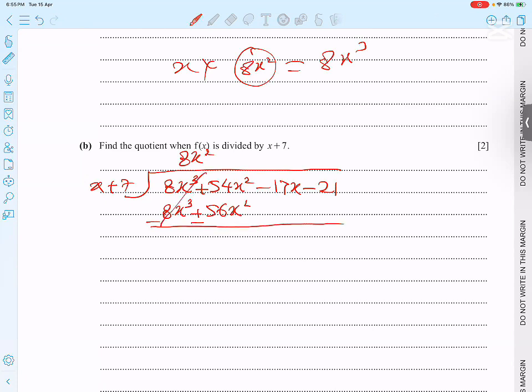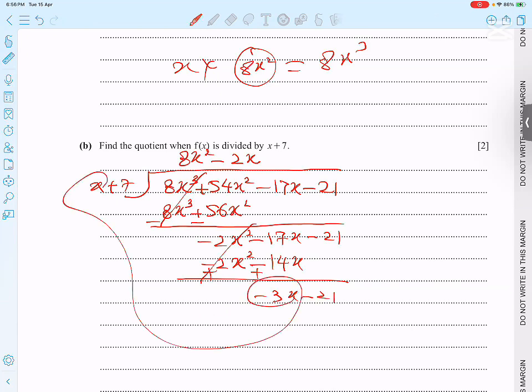Sign changes, this cancels, I get negative 2x square, negative 17x, negative 21. So this multiply what gives you this value? So negative 2x. So negative 2x multiply with both. Okay, sign change. I get negative 3x and negative 21.